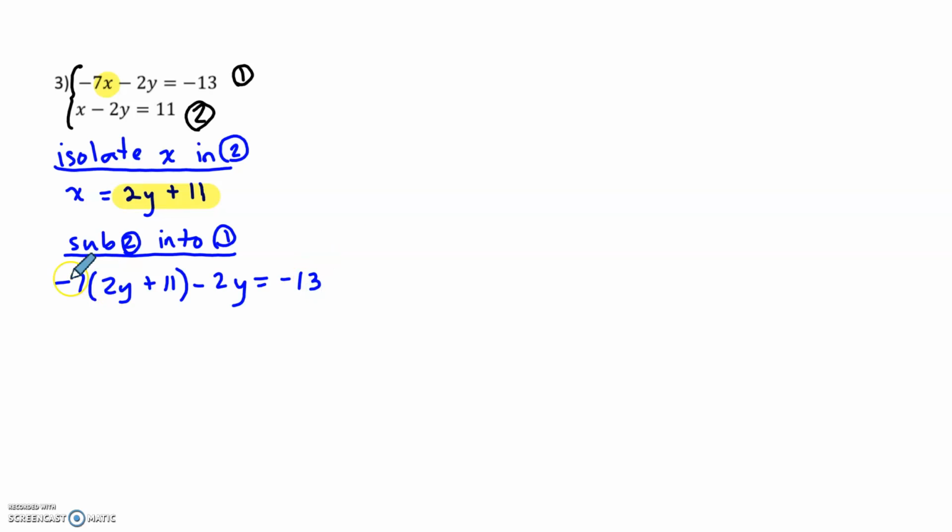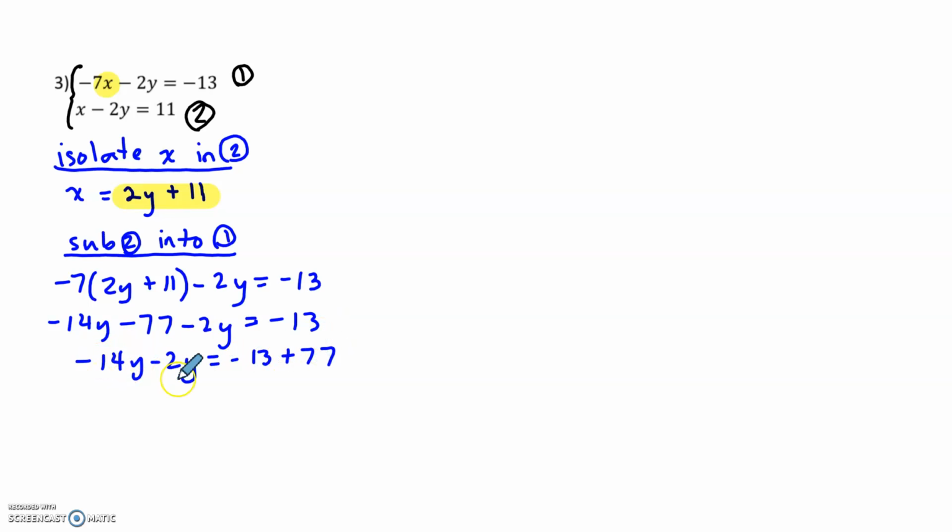Okay, we're going to go ahead and solve. So -7 times 2y is a -14y. -7 times 11 is a -77, minus 2y equals -13. So we have -14y minus 2y on our left, -13 plus 77 on our right. -14 minus 2y is a -16y, and -13 plus 77 is 64.